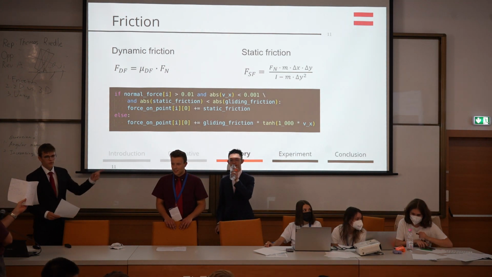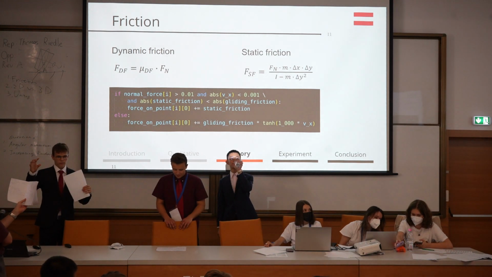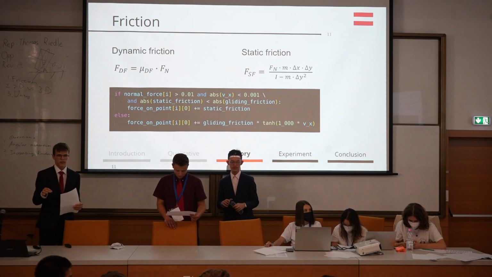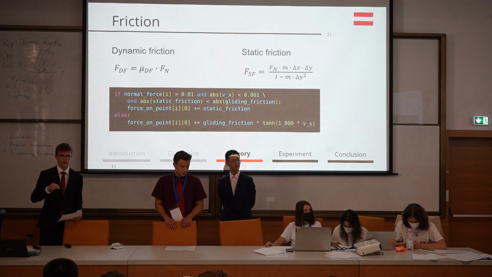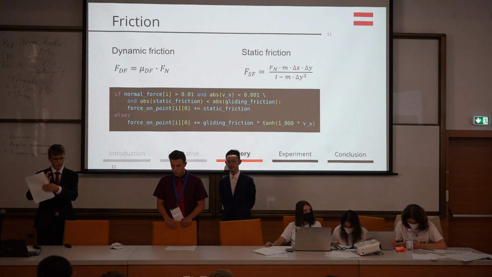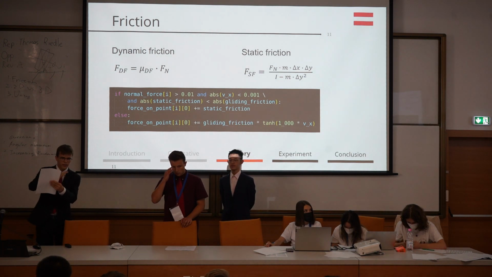Now to the static friction force: we looked at the different forces that act on the point, and we said that the acceleration of the point has to be 0, because in static friction the point sticks to the ground.